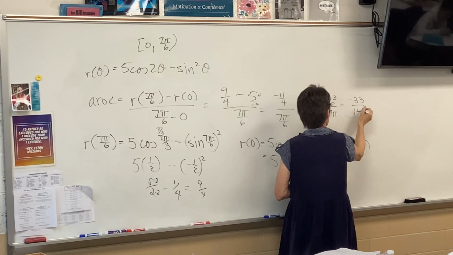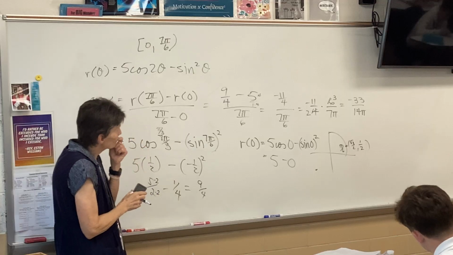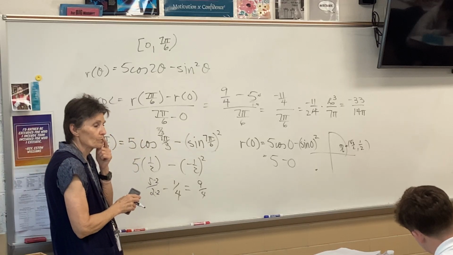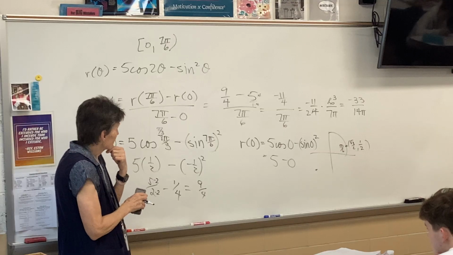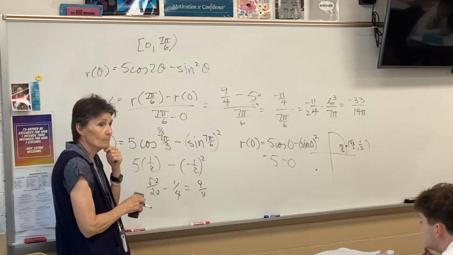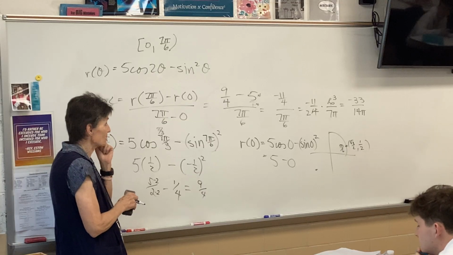Anybody get negative 33 over 14 pi? Well, I'd be interested to know if that's what I got on the answer sheet. That's what I got. Anybody see any mistakes? Lots of room for it, that's for sure.